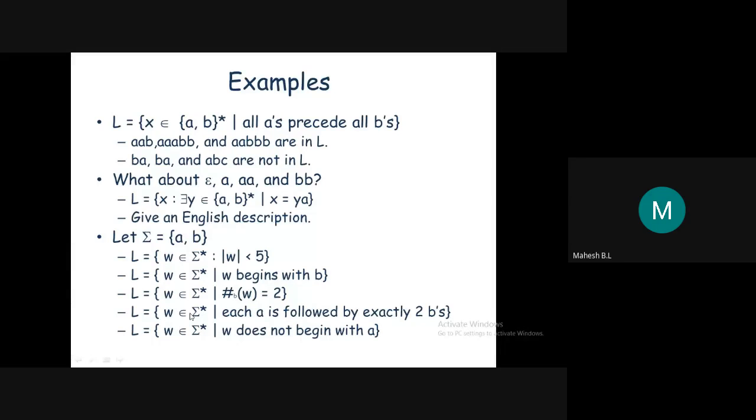Okay, now I have some questions. See, consider this language: L is equal to W belonging to sigma star, hash B of W is equal to 2.